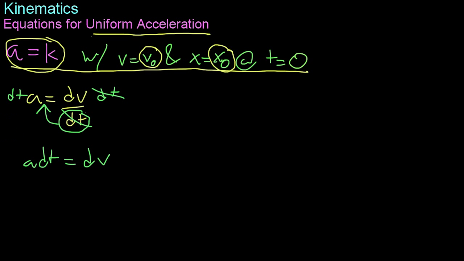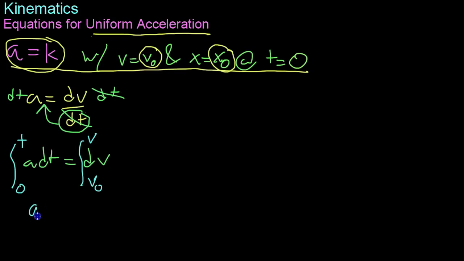Now what you can do is integrate to your initial conditions. So you start at time t equals 0 and go to time t equals t, so at any point in the future when t is some variable t. Likewise, you start with your initial velocity, which is v0, and go to whatever the final velocity is at that corresponding t, in this case v.